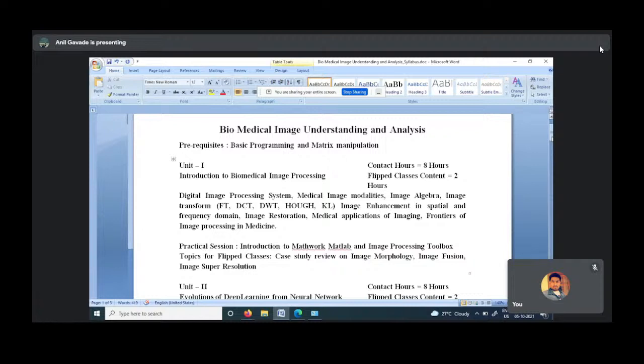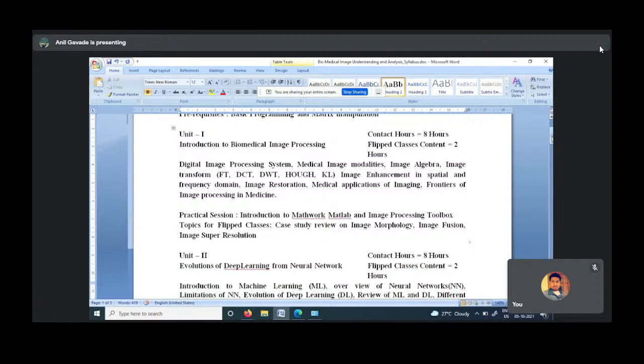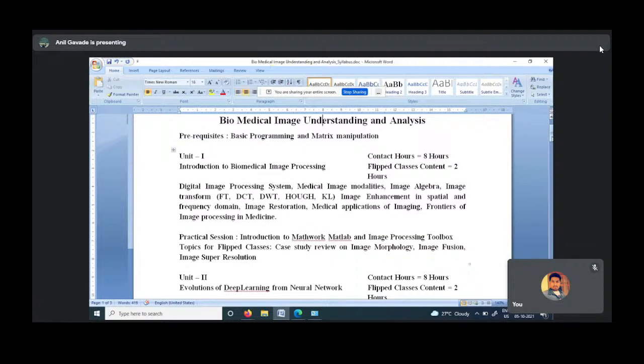This will give you an overview of why we need to study this subject from a healthcare point of view, and what the future scope or future market is. In every chapter I will be dealing with the MATLAB image processing toolbox. So the first chapter will introduce you to the basic fundamentals of biomedical images.